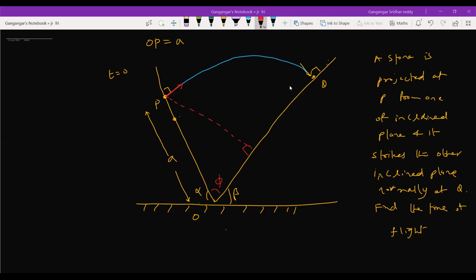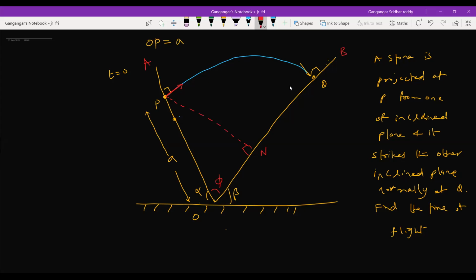Let this be the point P, Q. Let me take this as N. Let me draw one line PN, which will be normal to the other incline. If you want, you can give the name OB to the incline.